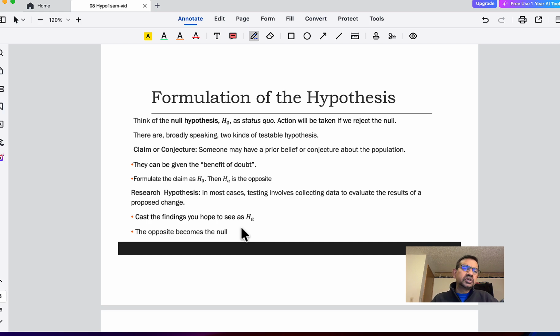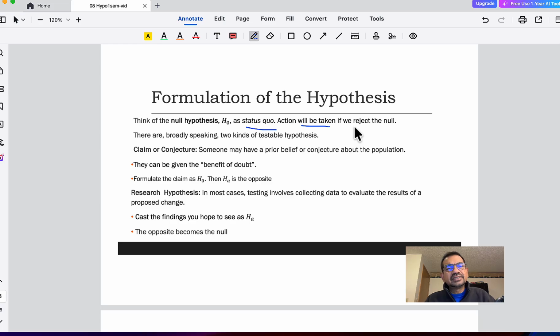In the first approach, suppose we want to verify a claim about the population. We let that claim be the status quo, that this is the way things are. And if our evidence suggests otherwise, then we will take action according to what the evidence is pointing us to.